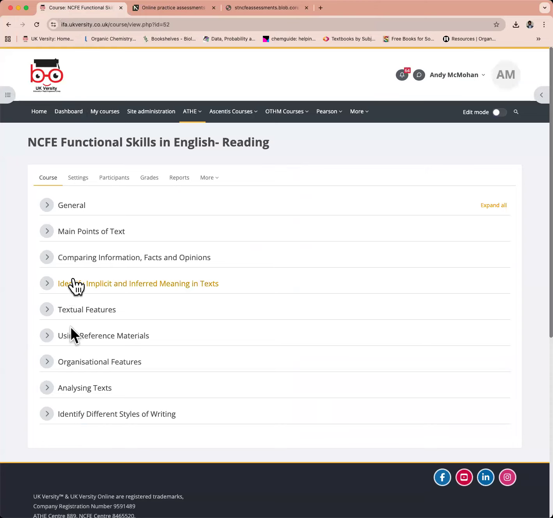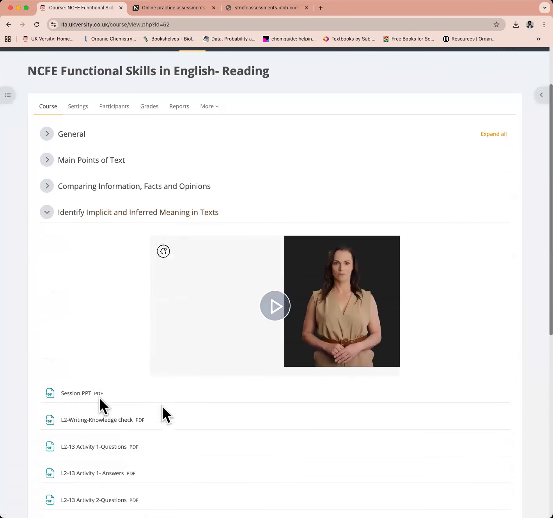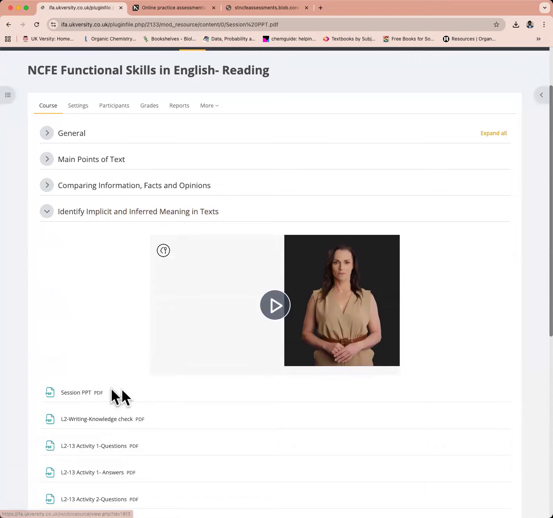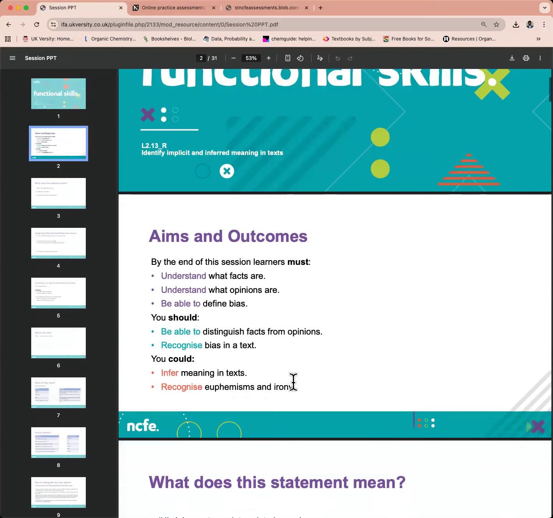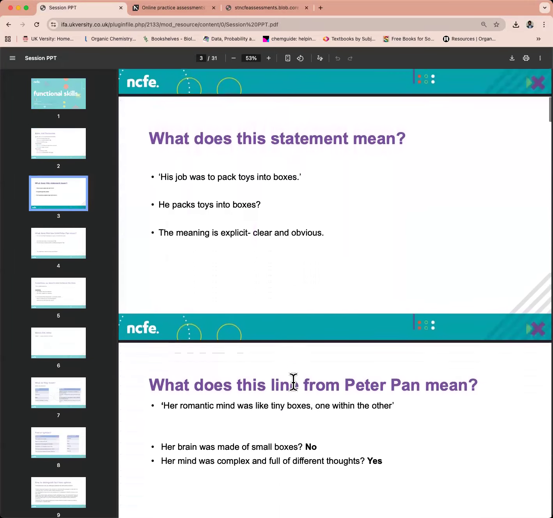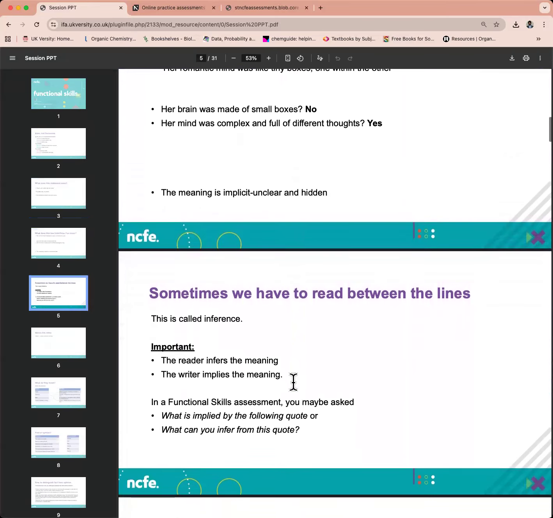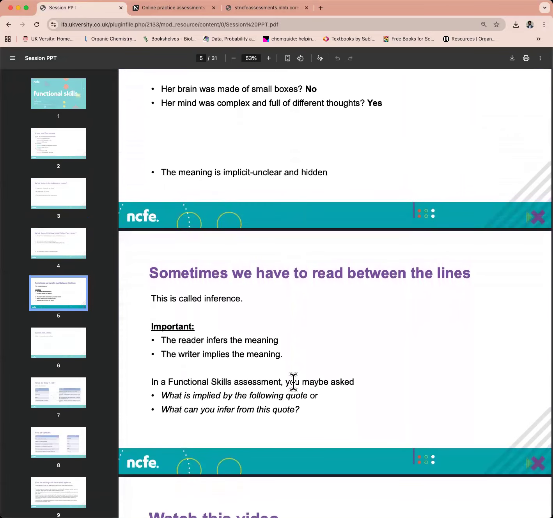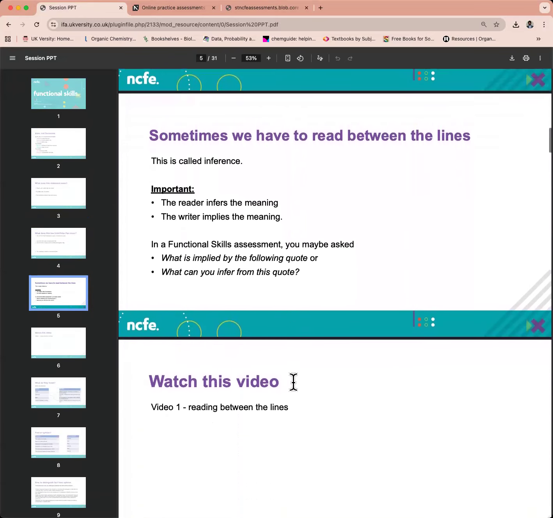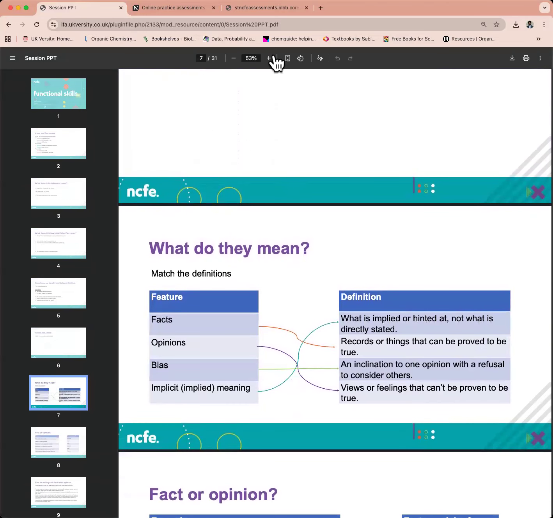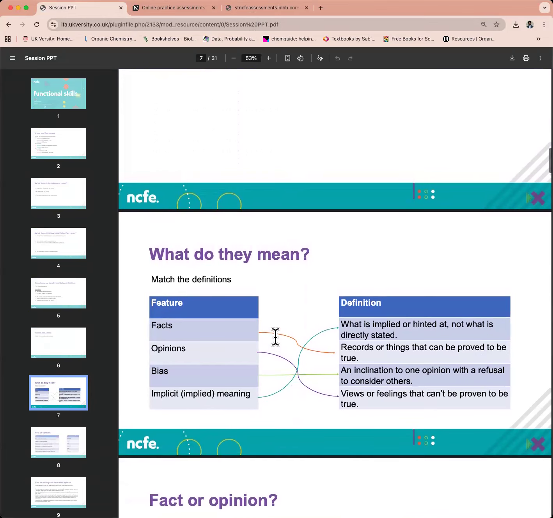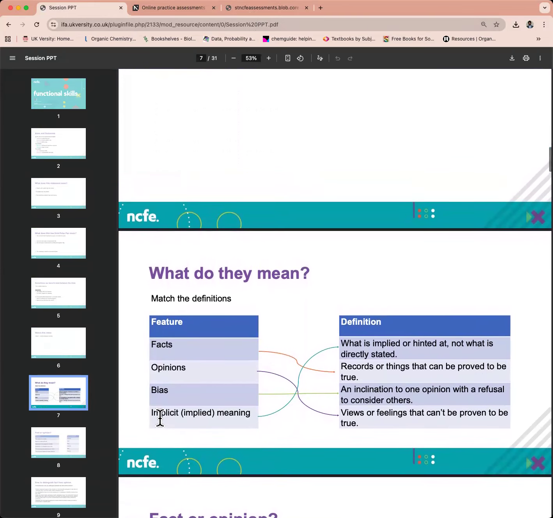That topic list here, when it says identify implied and inferred meanings of the text, what we need to be able to do is go through this particular presentation, and this presentation would help us understand how we infer the meaning of a text or a sentence which has been given, and what it means. So there are different ways to infer the meaning, and what does this imply. That is something that we need to be able to understand by reading that sentence, and obviously reviewing this presentation.